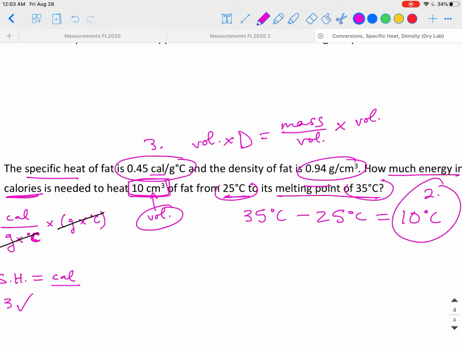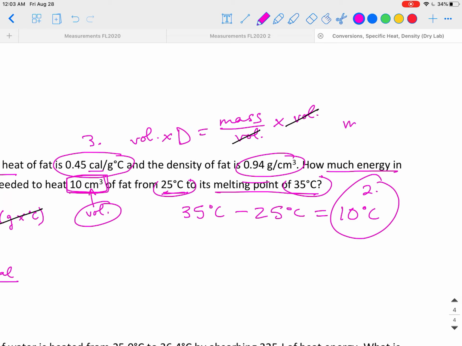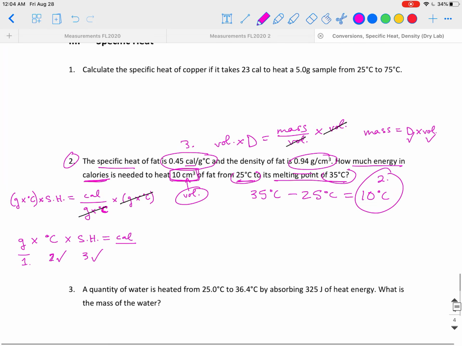And when we do so, volume has moved to the other side of the equation. So now we find that the mass equals density times volume. All right, I have a density and I have a volume. I can get mass, so let's actually do that now.